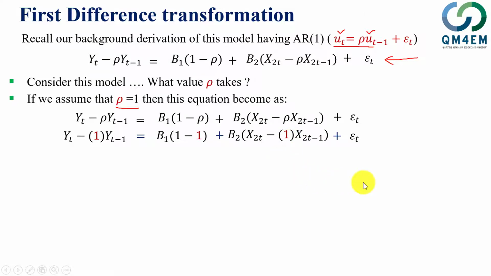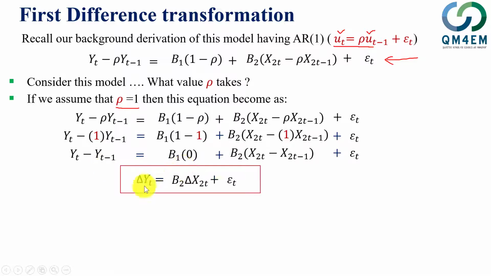If you simplify that, you are left with y_t minus y_{t-1}, b1 becomes 0 because it's multiplied with 0, and b2 into (x2t minus x2t-1) plus epsilon t. Now we can write y_t minus y_{t-1} with some substitution.